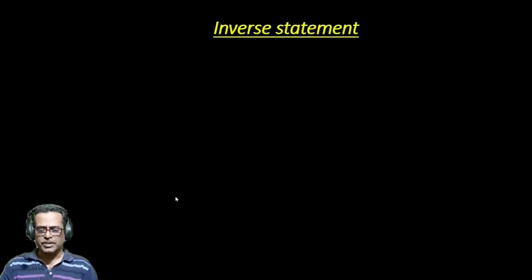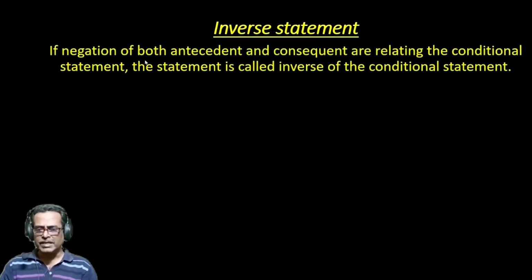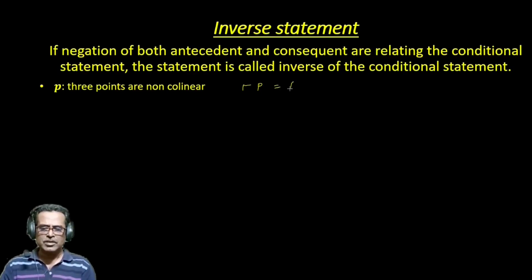Inverse of a statement: if the negations of both antecedent and consequent are taken in the conditional statement, the statement is called the inverse of the conditional statement. That means we have to introduce not in the conditional statement, then we will get the inverse. 3 points are non-collinear, then negation of P will be 3 points are collinear.